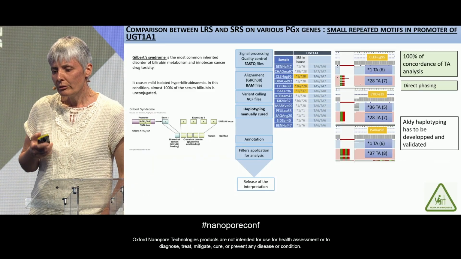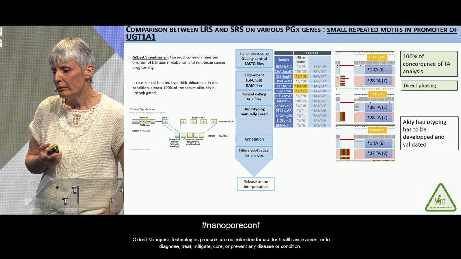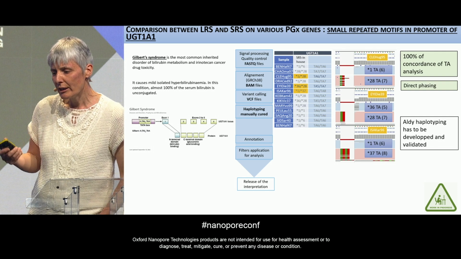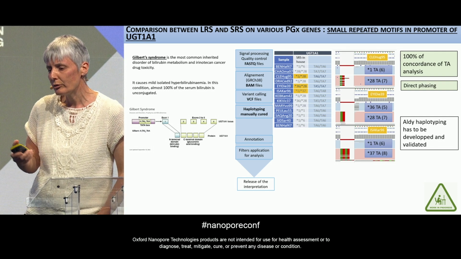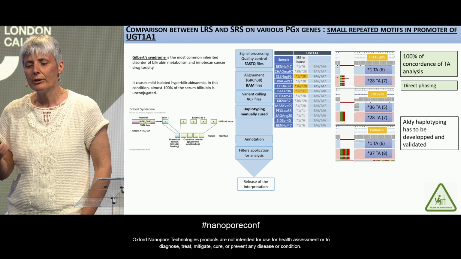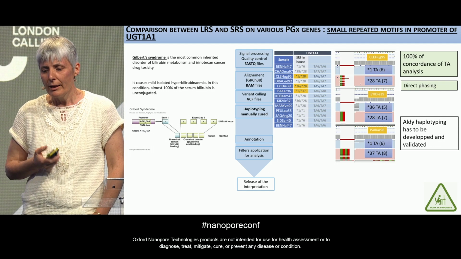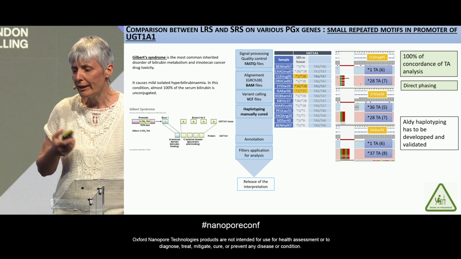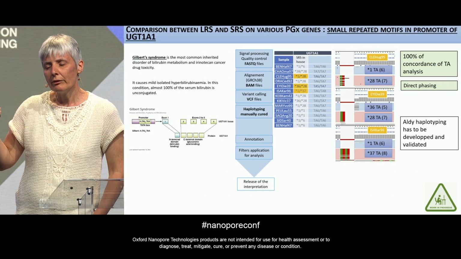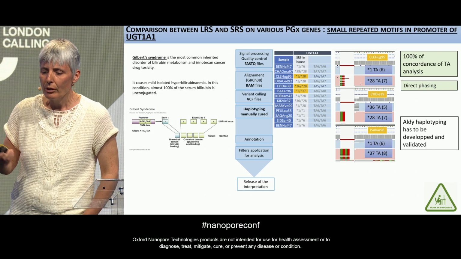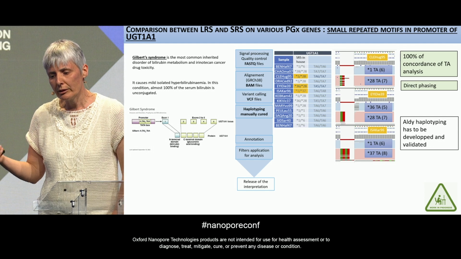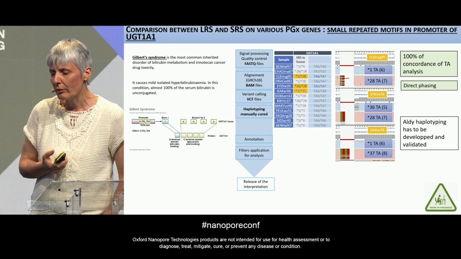Now, I would like just to finish on two different variations. It's a small deletion in the promoter of UGT1A1. This protein is involved in the metabolism of the bilirubin, but also the metabolism of irinotecan, an anti-cancer drug.